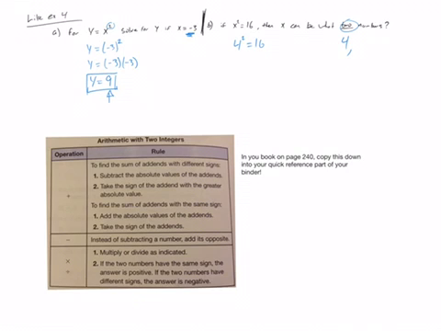So what other number times itself is going to give me 16? Well, like we did over here in part A, I know negative 4 times negative 4 is also going to give me 16, because a negative times a negative gives me a positive number. So my two answers there are going to be negative 4 and 4.